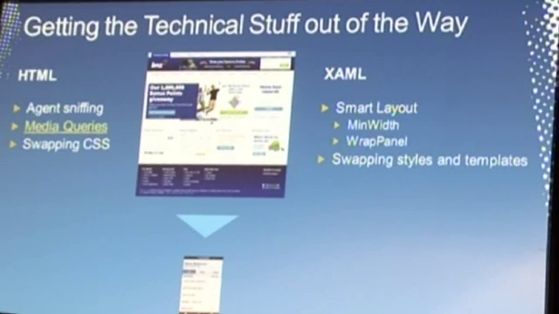There's a lot of talk about media queries at the moment, and IE9 now supports media queries, so we can now interrogate the browser and ask it how wide, how many pixels across, it is.